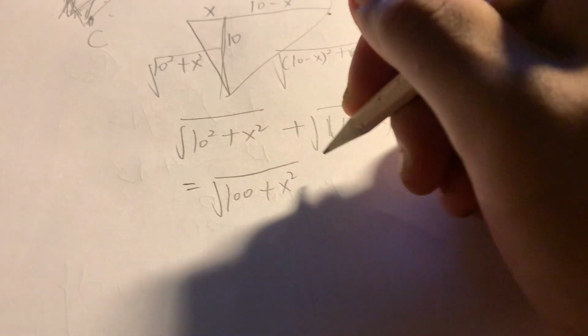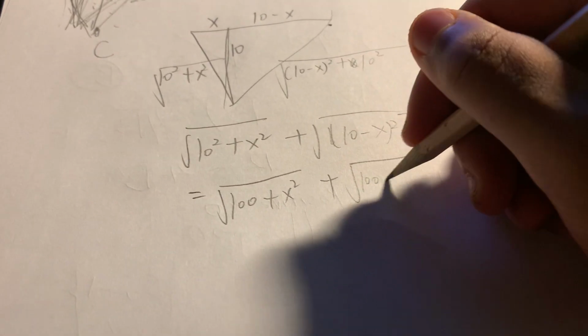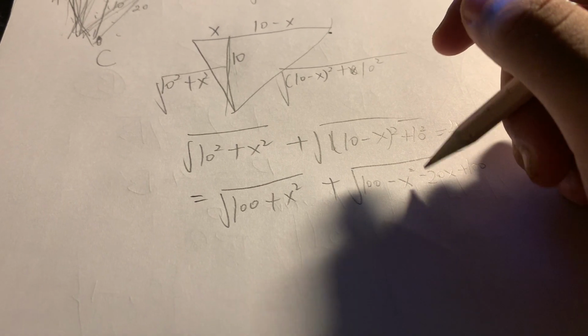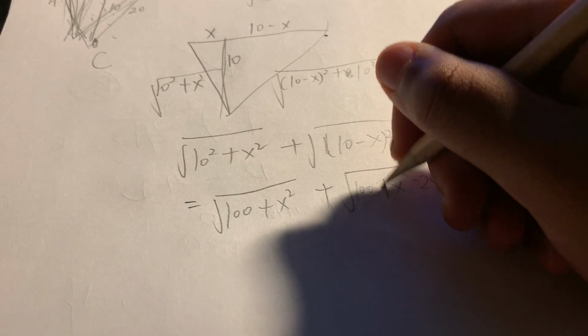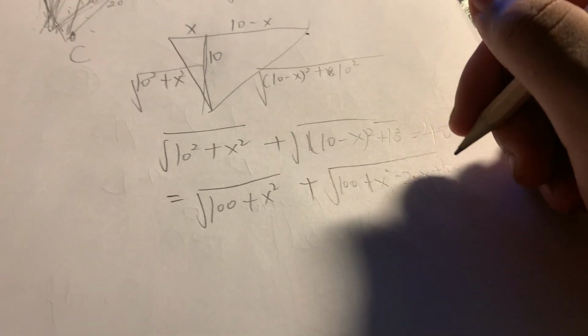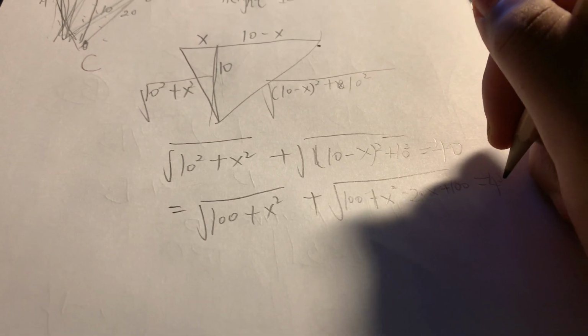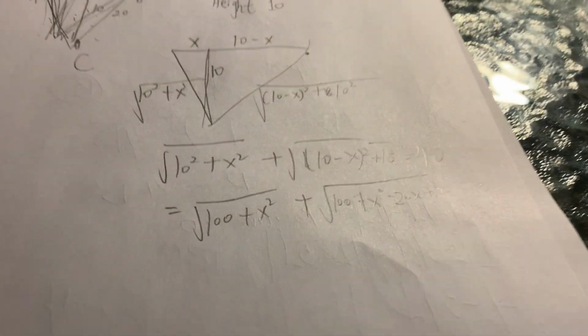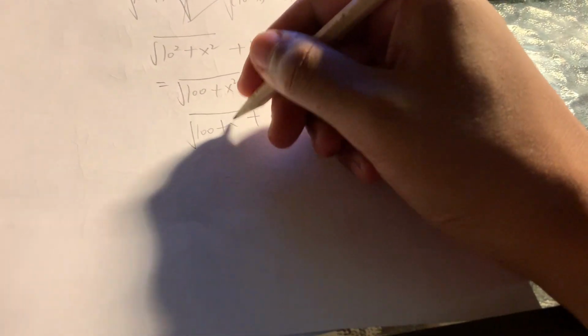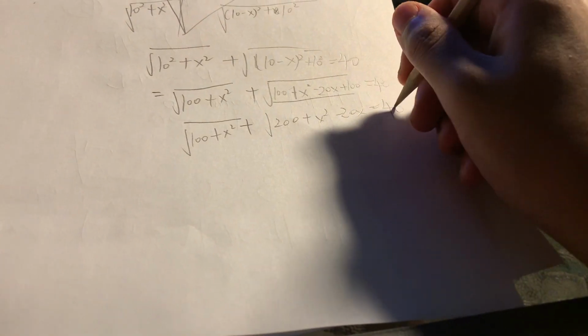So we want to get this equation out. Yes, so it's 40. 200 plus x squared minus 20x plus 100 plus x squared is equal to 40.